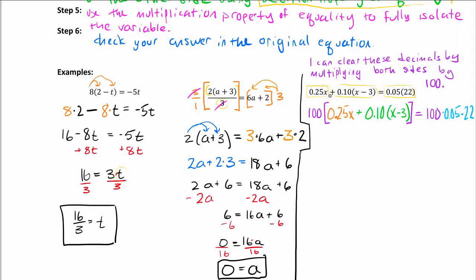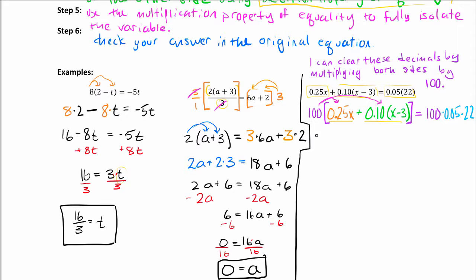Now I'm going to perform this distribution. So this 100 is going to go just to these two terms. And the terms are things that are separated by that plus sign on the outside. People sometimes get confused and think that this is going to break things into terms, but this subtraction is happening inside of this term.